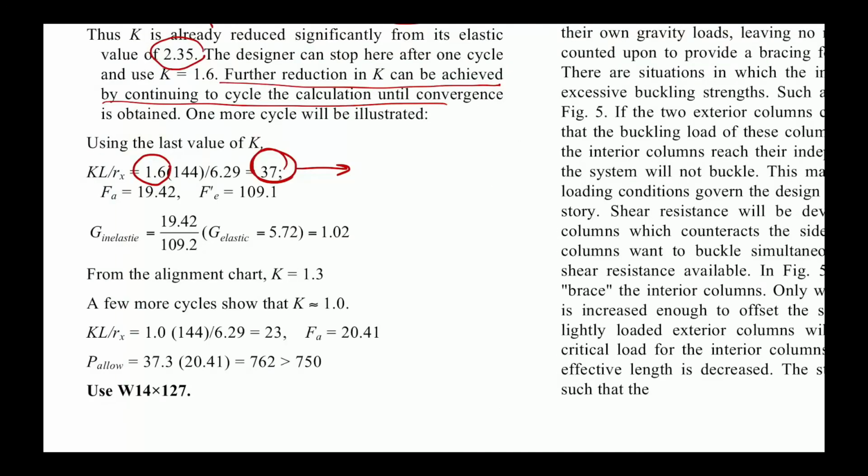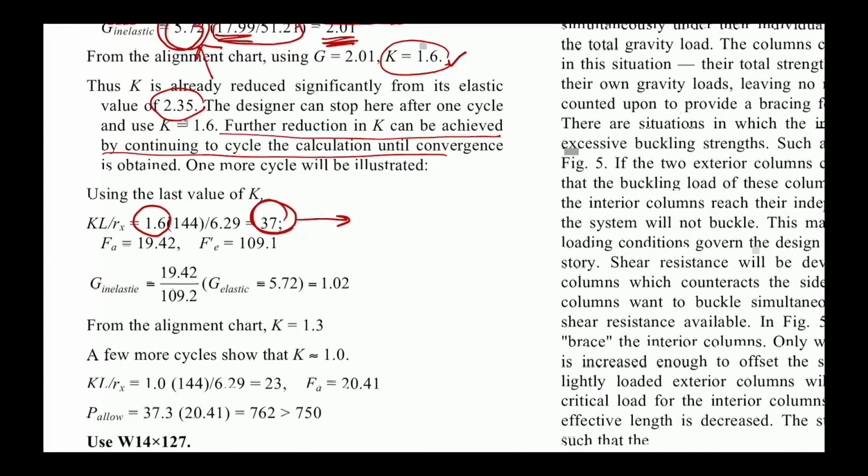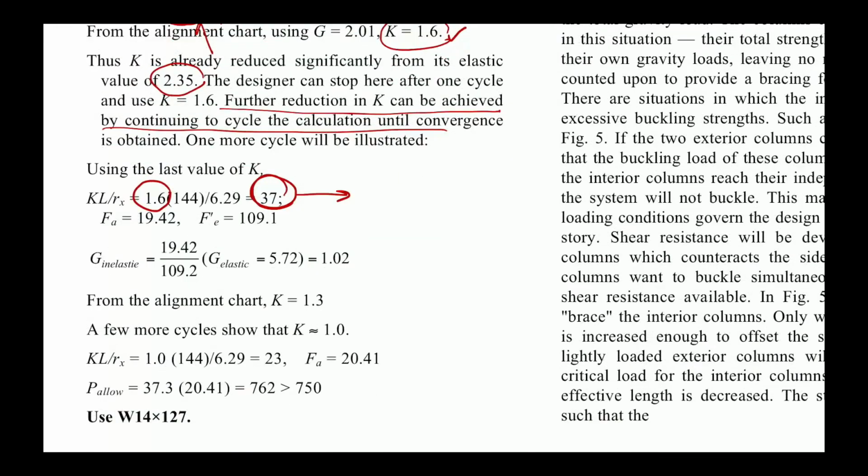The updated K is 1.6. You calculate the KL over R another time, and you get 37. From this 37 you plug it in to find FA and FE, which are from AISC ASD 1961 like before.